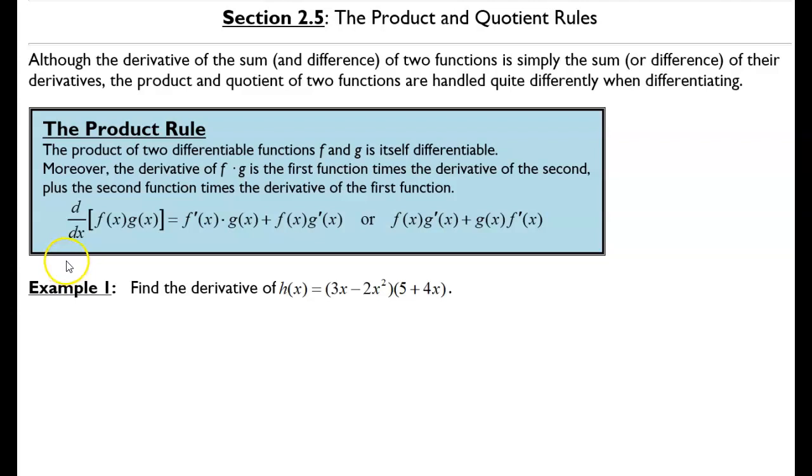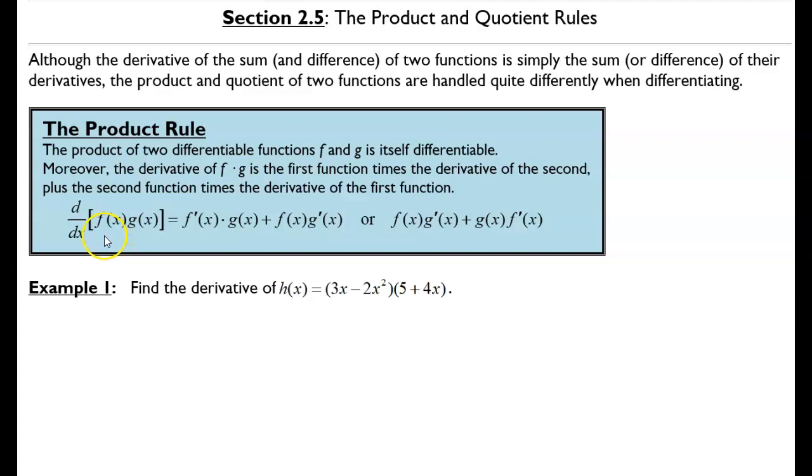So first of all, it's important to note that the product of two differentiable functions, f and g, is itself differentiable. So if I know f and g are differentiable, if I multiply them, that function is also differentiable. But in order for us to take the derivative, we essentially just take the derivative of one piece at a time.